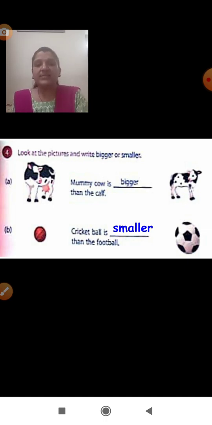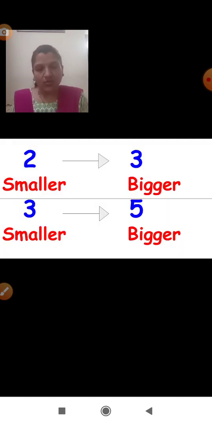And likewise, we can compare the numbers also. When we start the numbers from 0, like 0, 1, 2, 3, 4, 5, 6, 7, 8, 9, the numbers which are closer to 0 are smaller numbers. Correct. We have learned this. And the numbers which are far away from 0 are bigger numbers.